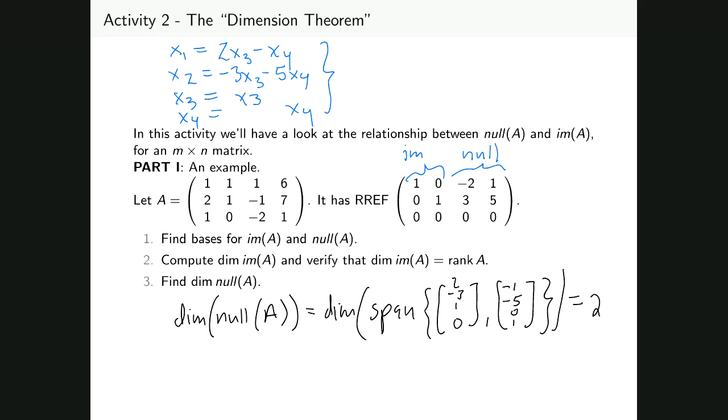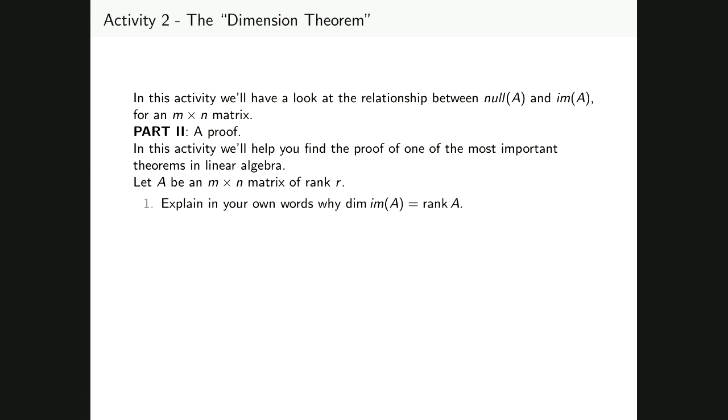Okay, so very, very nifty observation. The leading ones produce things that are a basis for the column space, and the parameters produce a basis for things that are the null space. Beautiful. Okay, now we're going to move on to proving this.